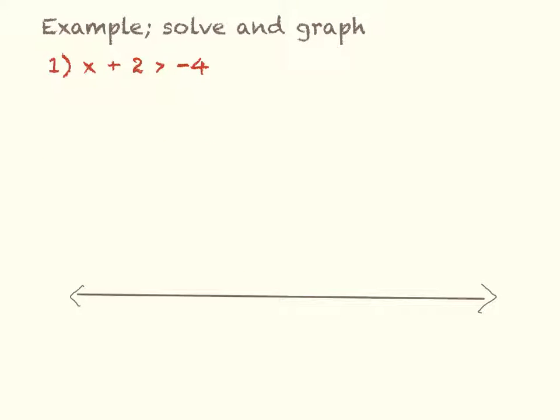Now we're going to do some examples of solving and graphing one-step inequalities. So with this first one, really when you solve inequalities, it's the same as when you solve equations.